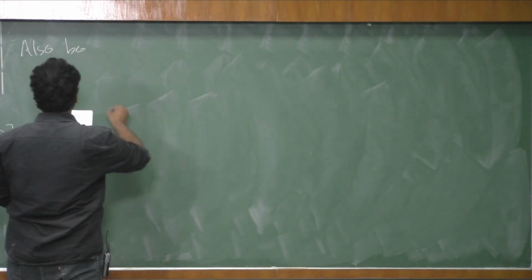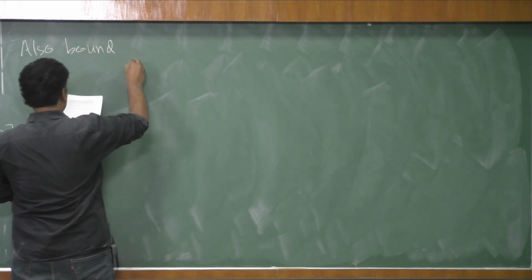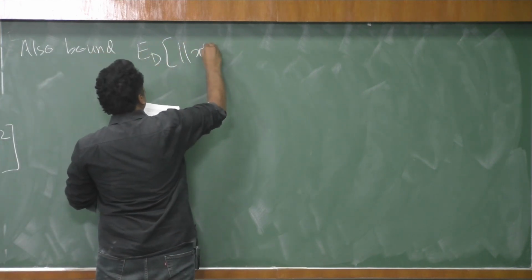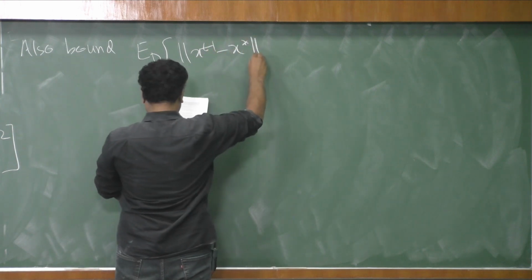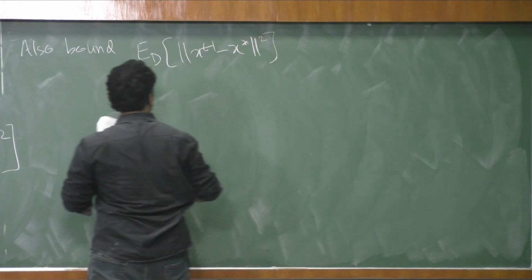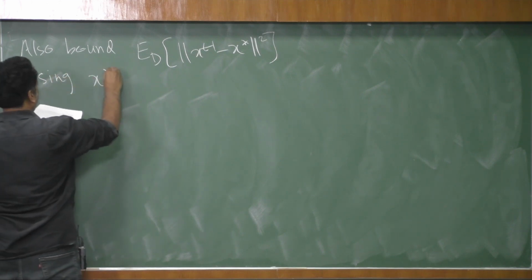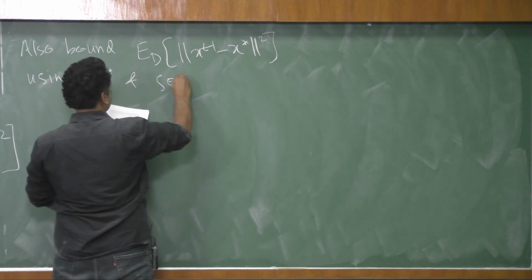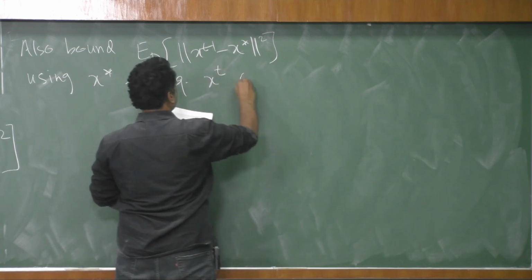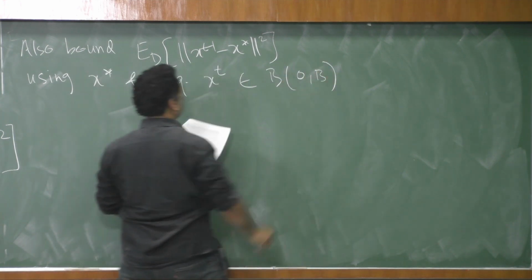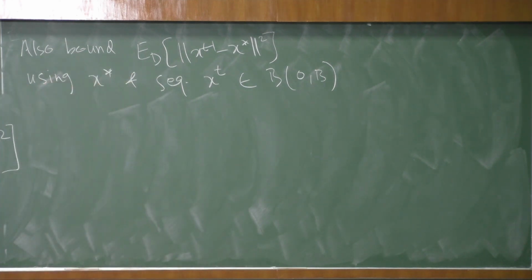We are going to also bound terms like the expectation of xt plus 1 minus x star, by using the fact that x star and the sequence xt belong to the ball B(0, b), with center 0 and radius b. So again, boundedness of the solution will be used now.